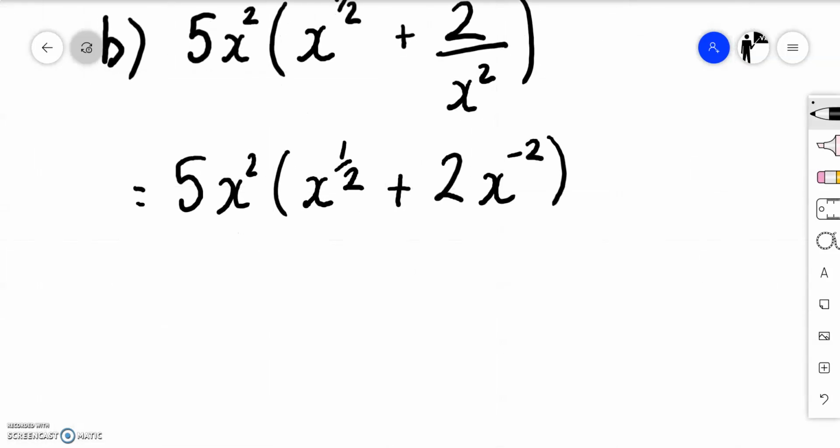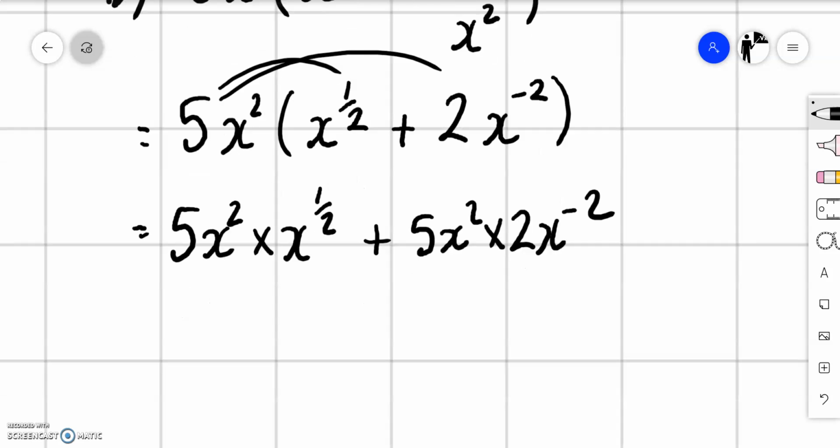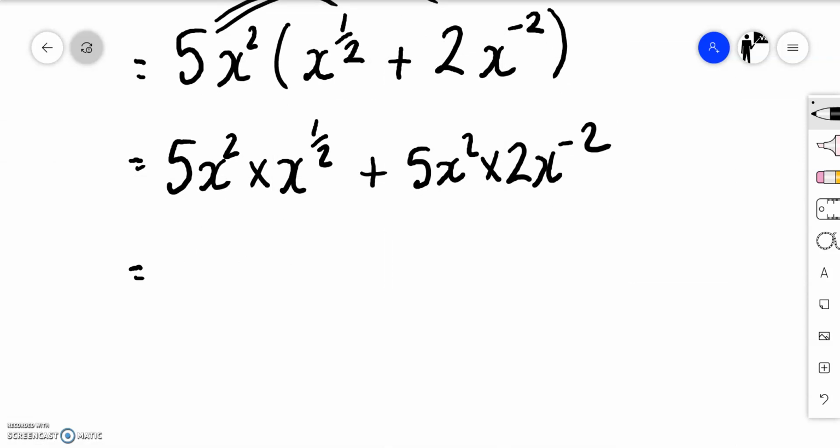Okay, let's multiply out these brackets. I'm going to take the long approach here. So I've got 5x squared multiplied by x to the half plus 5x squared times 2x to the negative 2. Okay, I can see I'm multiplying here, so I'm going to add the powers.